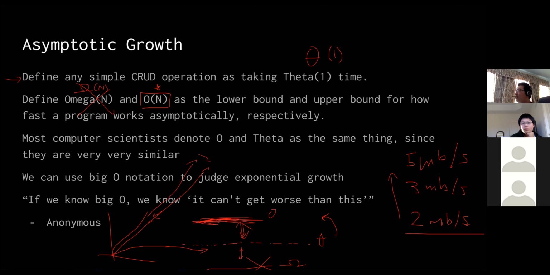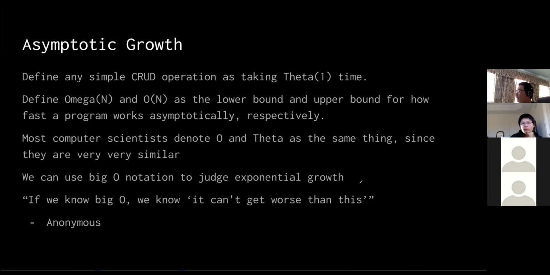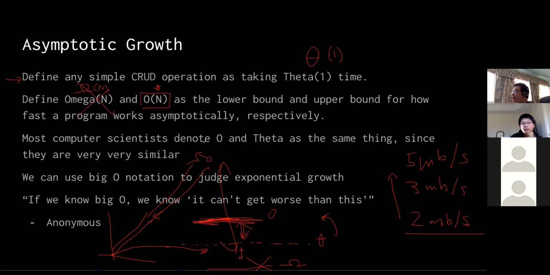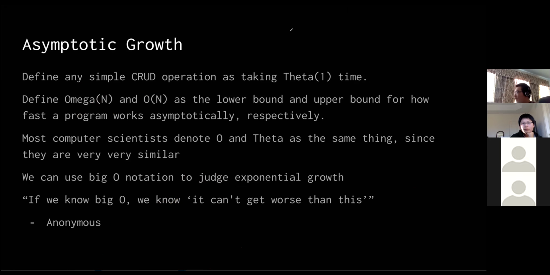We don't care about these two. These two are asymptotically the same distance apart, when we have this thing that literally peaks off, right? This distance is so much bigger than this distance, which is why O and theta are essentially the same thing. We can denote them using kind of the same property, and we can use it to judge exponential time.